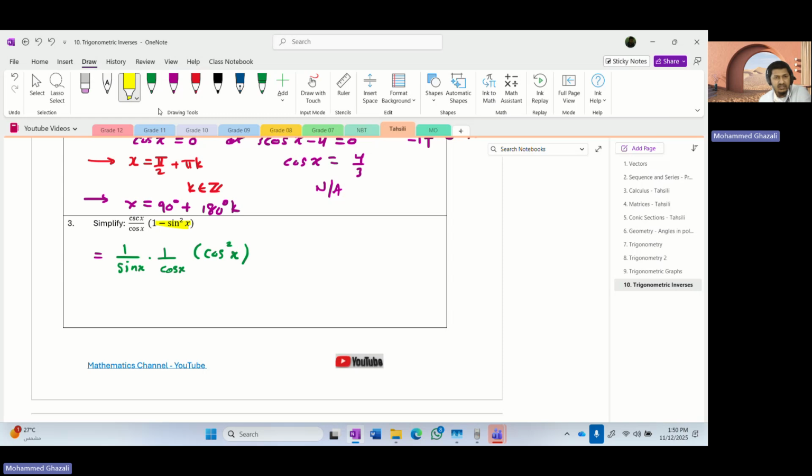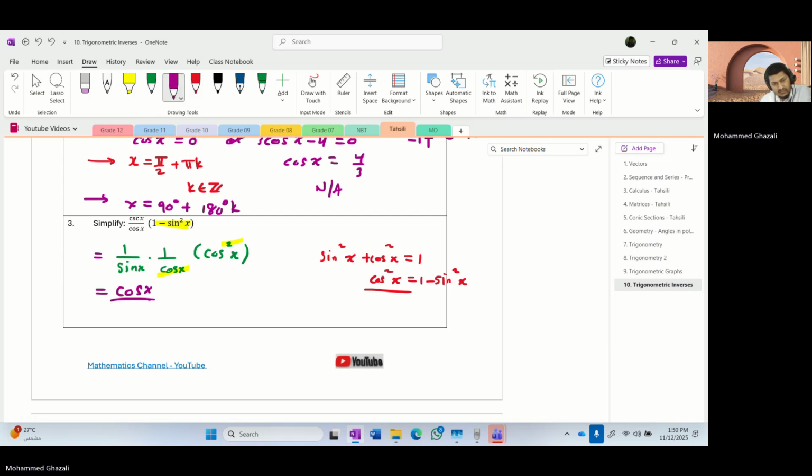Sine squared x plus cos squared x is equal to 1. So what is 1 minus sine squared? 1 minus sine squared is cos squared x. So we can see there's 1 cos x and 1 cos x cancels out, and we got cos x over sine x. And what is cos over sine? That is cot x.